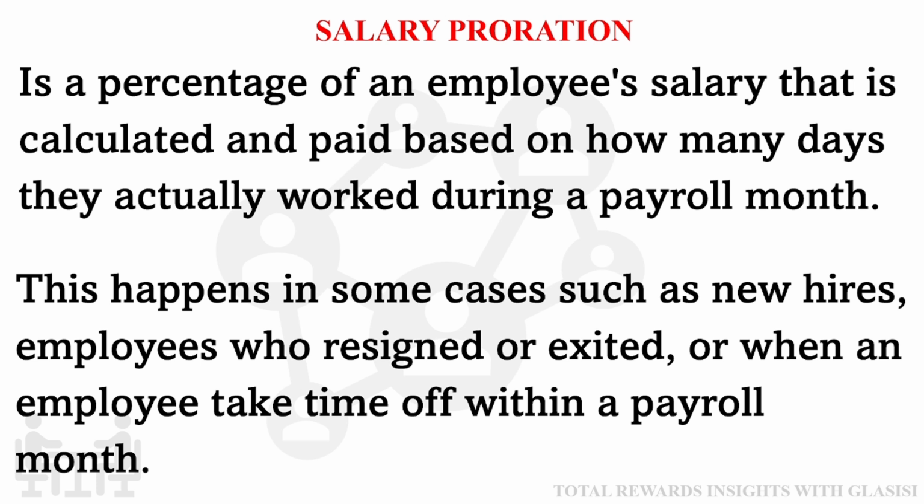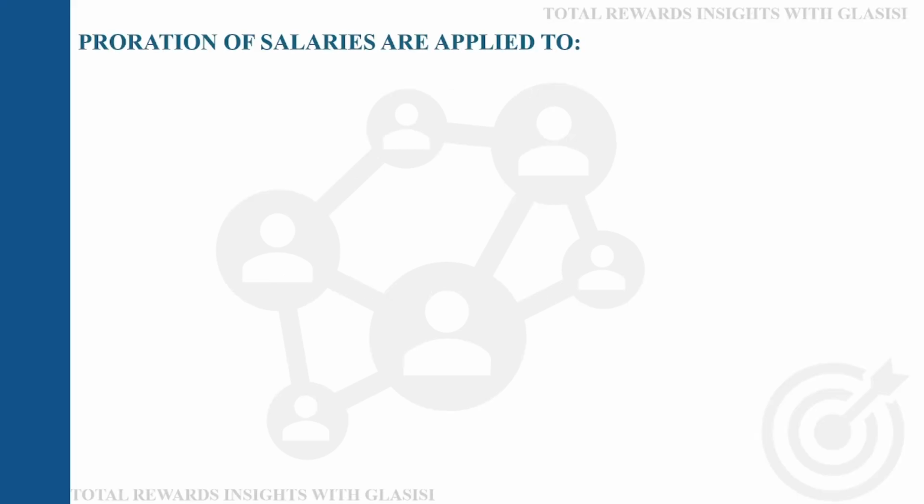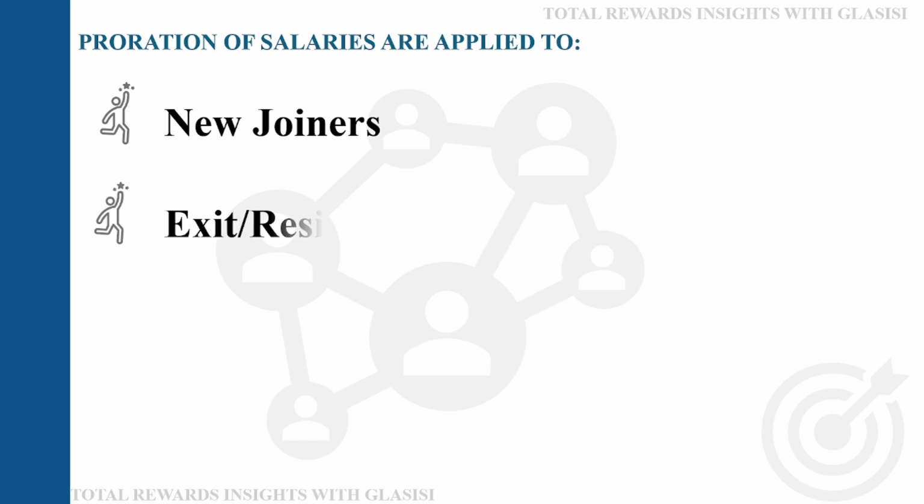Proration of salaries is applicable to new joiners. When the employee joins in the middle or end of the month, the salary will be prorated. Exit or resignation: when an employee exits earlier, either mid-month or before the month ends, proration will happen.